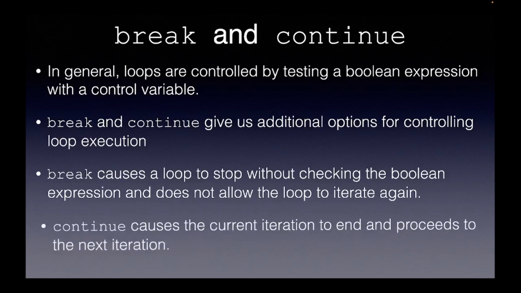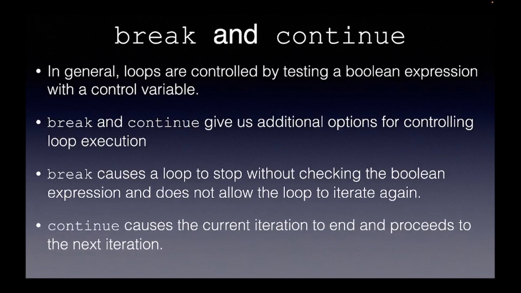The continue statement is sort of similar, but it doesn't stop the loop completely. It just stops the current iteration of the loop and moves on to the next iteration, right? And in the simple loops that we're using, that's a little bit harder to explain or demonstrate.